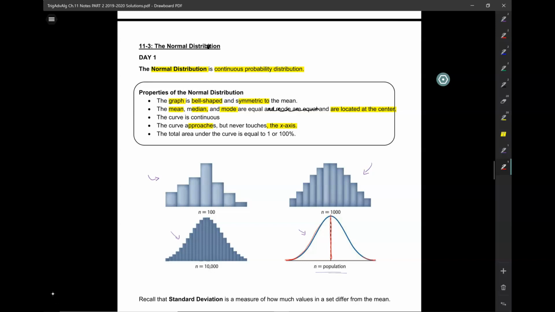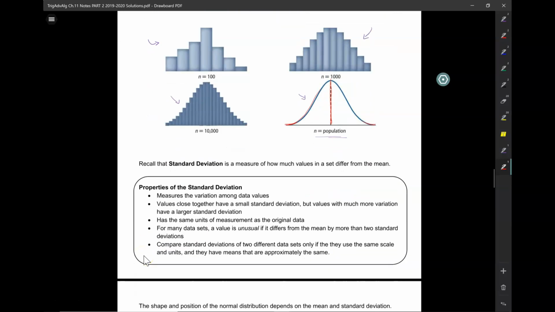So let's say these are SAT scores. This bell curve will represent 100% of the possible SAT scores, so all of your data points are included in here.